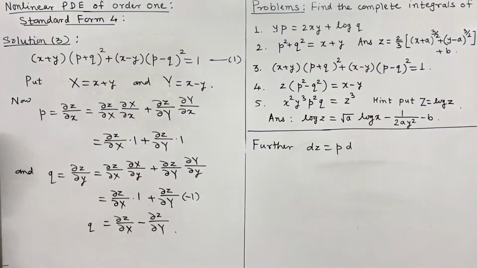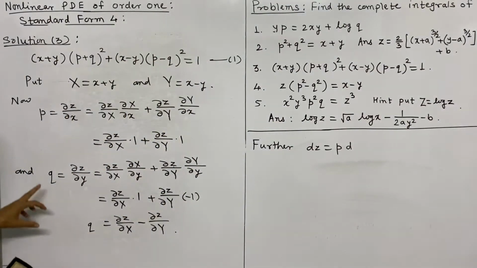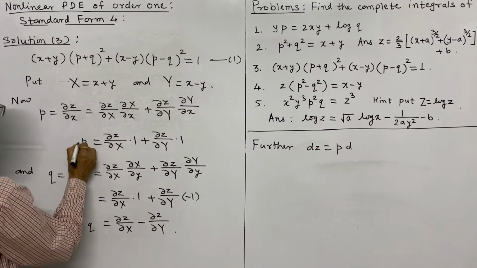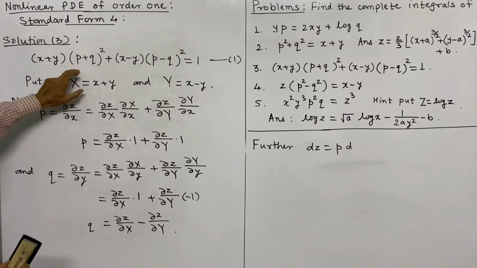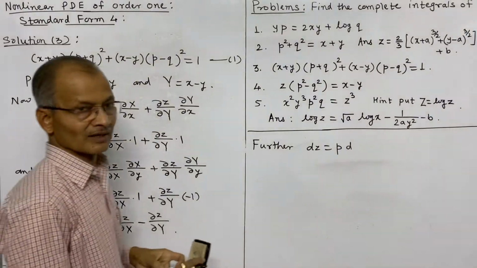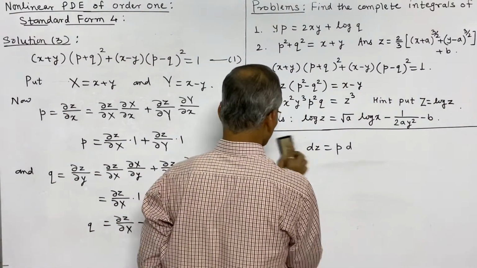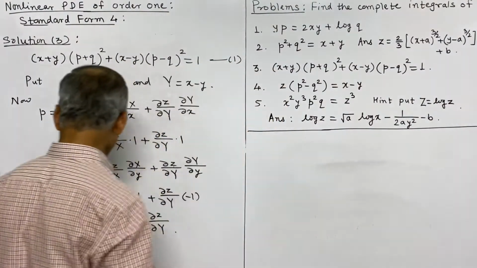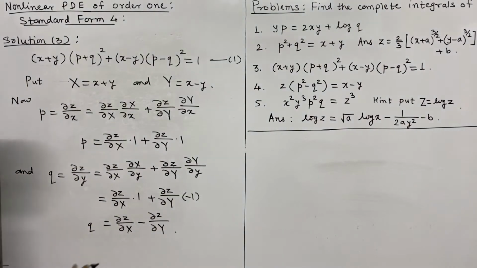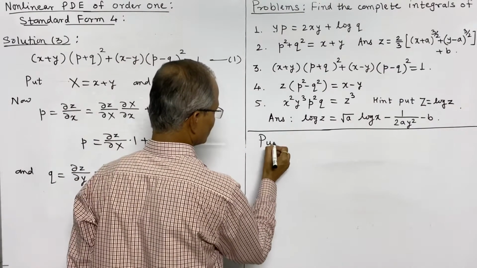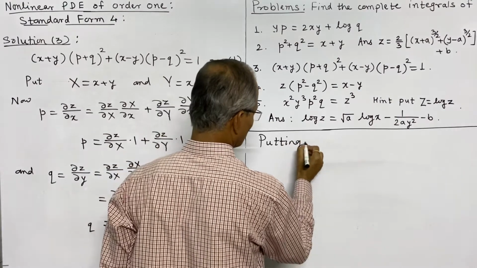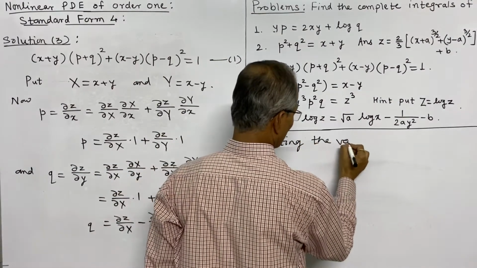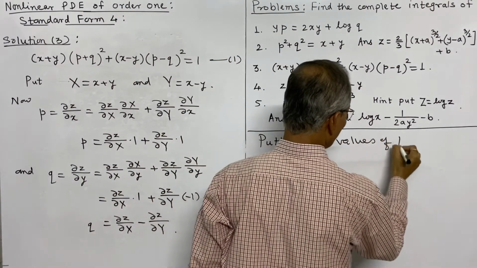But before that we have to use these values of p and q in the original equation, and then we have to obtain dz. So putting the values of p and q in equation 1.